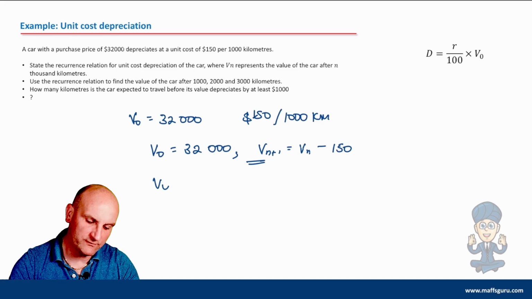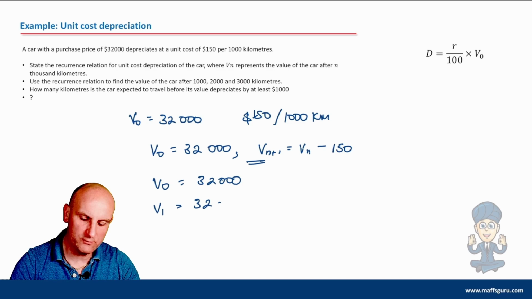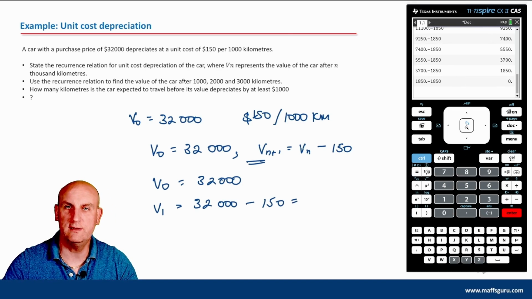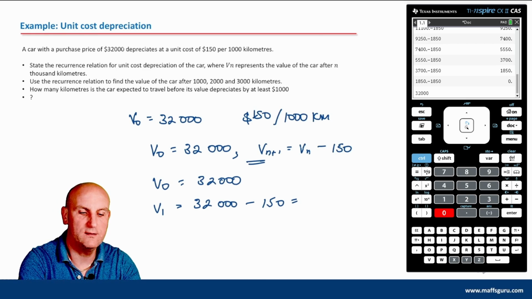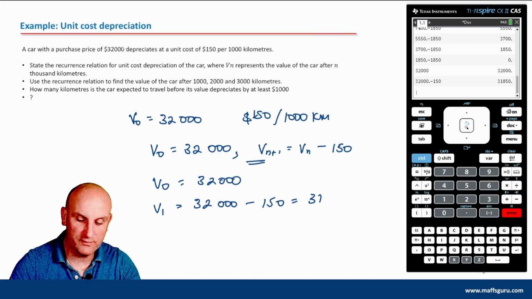So in which case V0 would be 32000. V1 would be 32000 minus 150. And again, not doing that in my head, so let's be smart about this. 32,000 minus 150. Hit enter. Gives me 31,850.